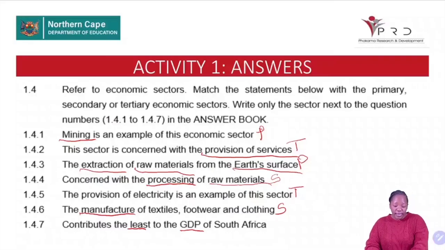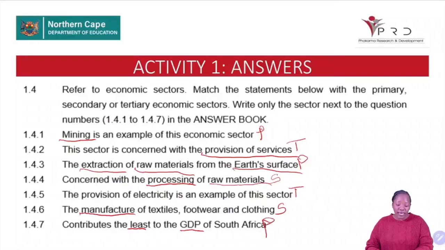Therefore, the prices will be less as compared to the final product, which is ready to be used. As it is raw, it still needs to be worked on. So hence the primary is contributing the least because they are dealing with the raw material as it is, then they send it to another sector. So I'm going to put P for the primary sector.